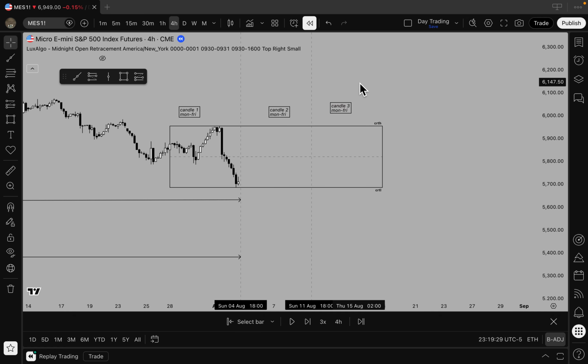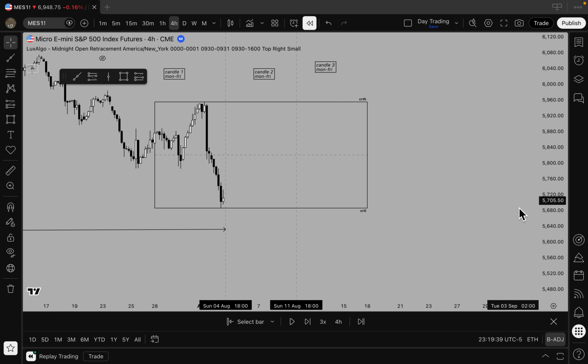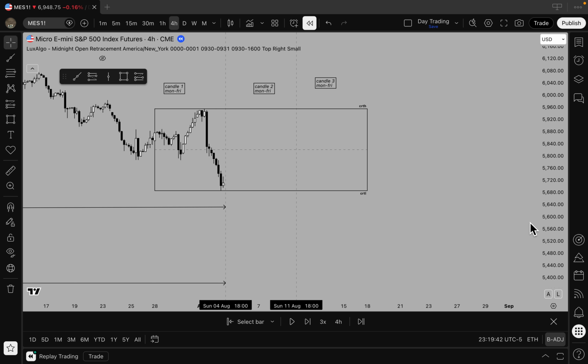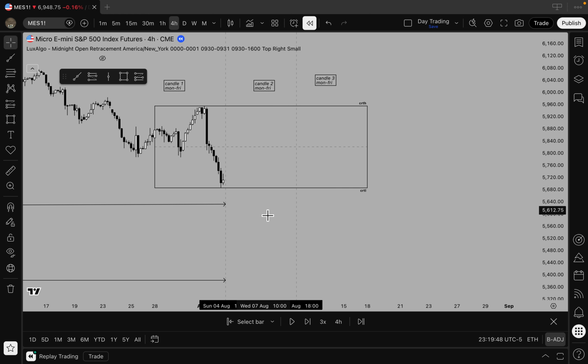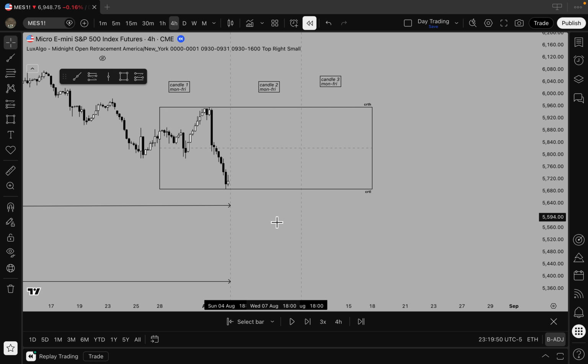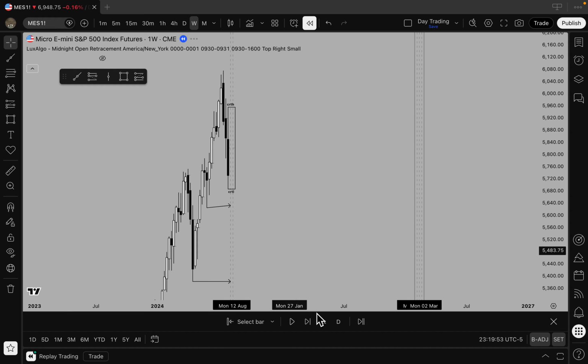You can trade candle 2 and hold for a week or longer, or you can trade candle 3 and you're going to hold the least amount of time. Candle 2 will give you the most profit. Candle 3 is like guaranteed because of the behavior that candle 2 will give you. I'll show you the differences right now, since I'm just teaching you.